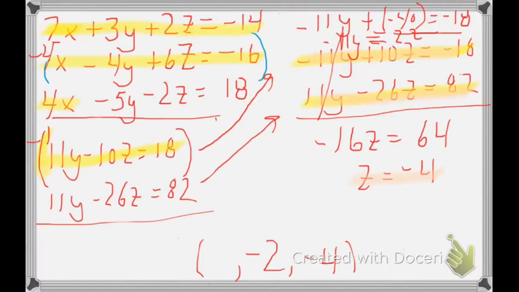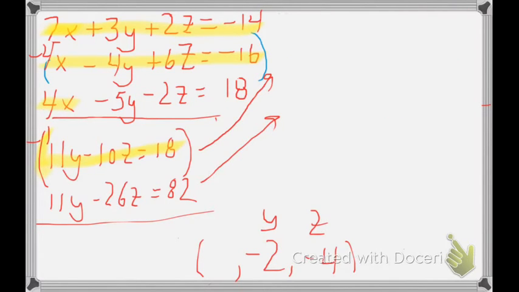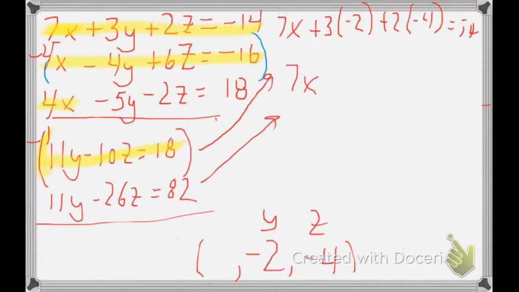Now I know y and I know z, so I can go back up into either one of the original equations. Let me erase this so you can see. If I set this equal to negative 14, and solve, I get 7x minus 6 minus 8 equals negative 14.